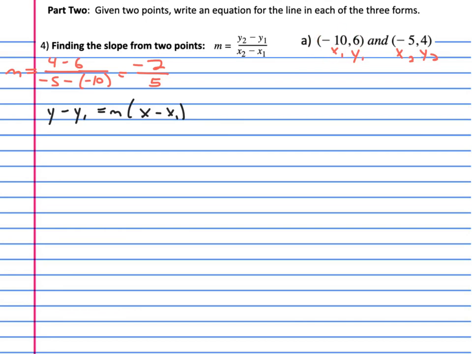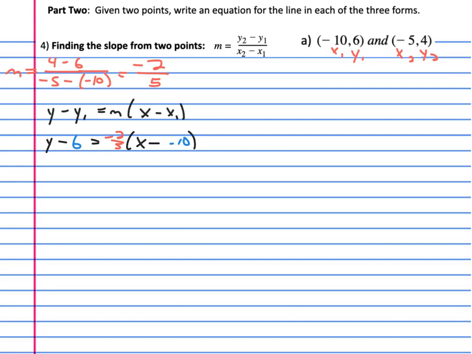Okay, and I'm going to say that then becomes y minus 6 equals m, the slope, which is negative 2/5, parentheses x minus x1, which is negative 10.